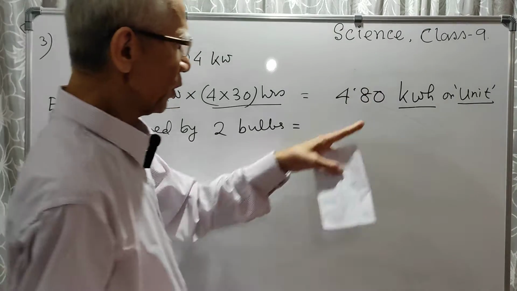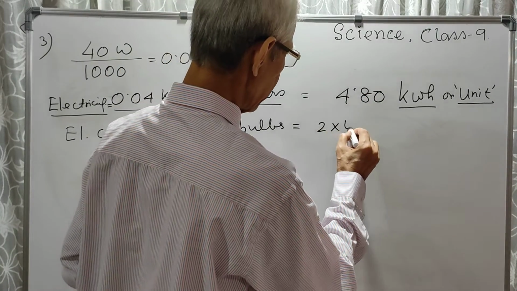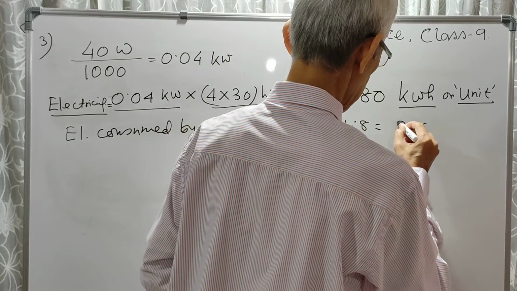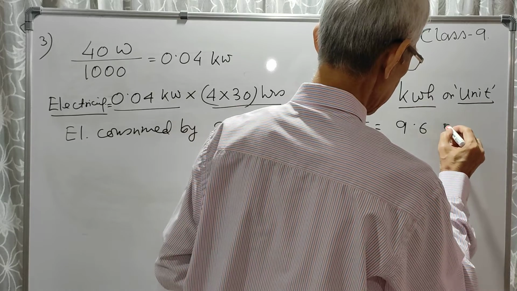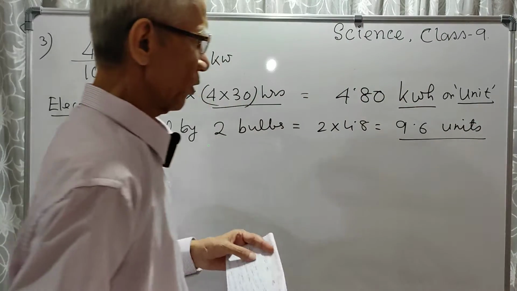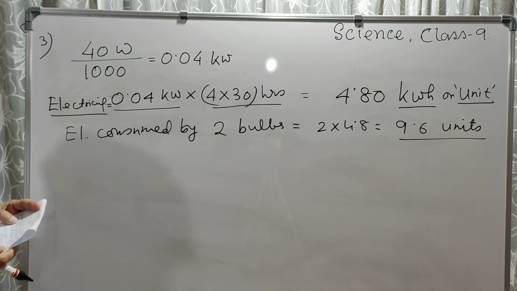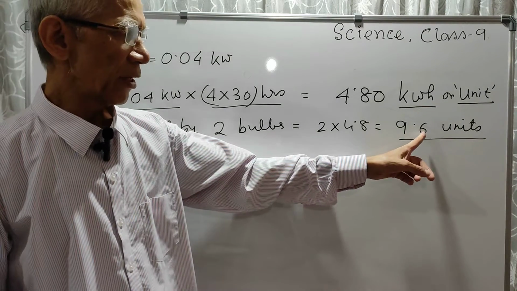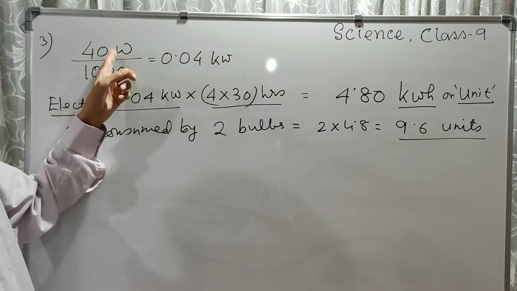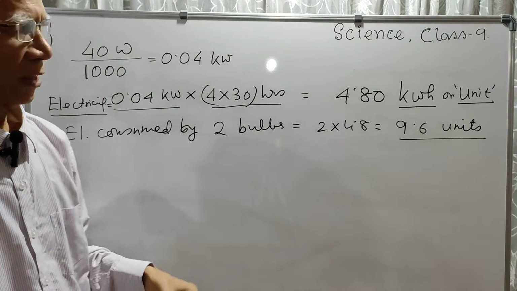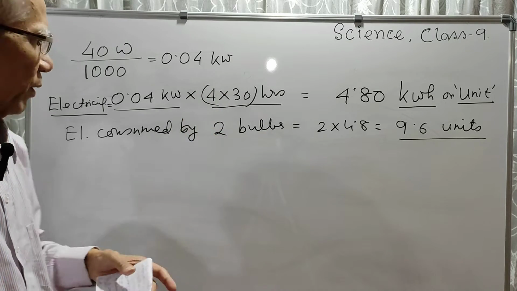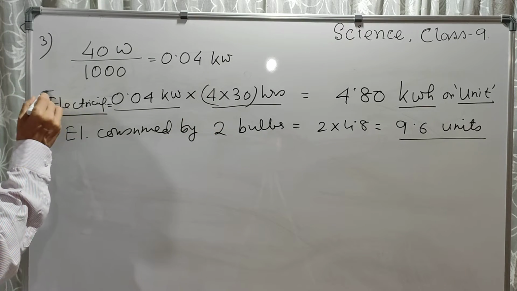Two bulbs will be 2 into this, that means 2 into 4.8, that means 9.6 kilowatt hour or unit. So 9.6 units is the electrical energy or electricity used by 2 40 watt bulbs in a month. Every day 4 hours, daily 4 hours used for a month. Okay. So this is about the bulb.